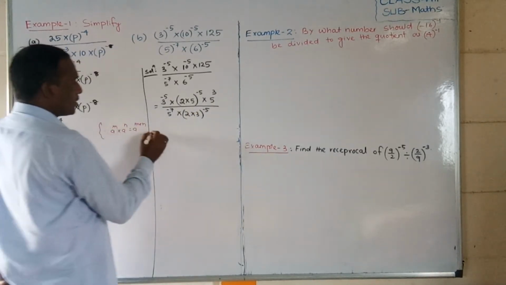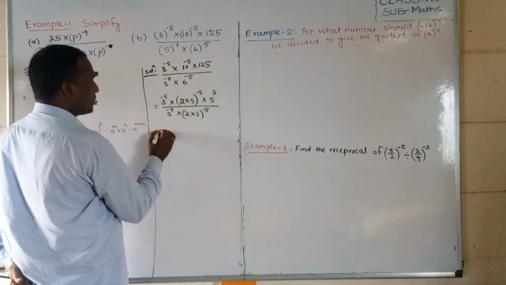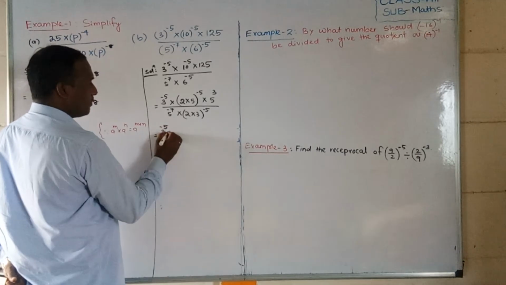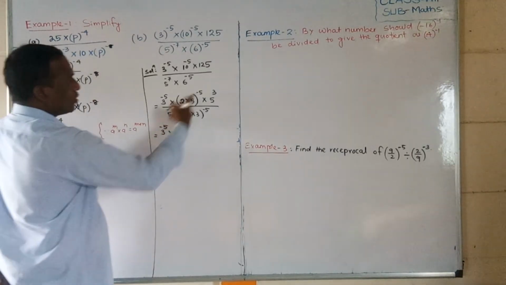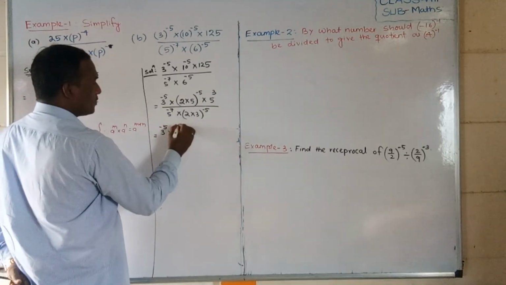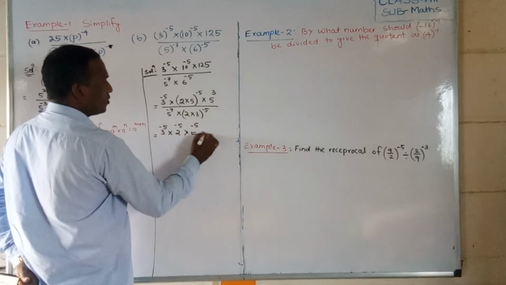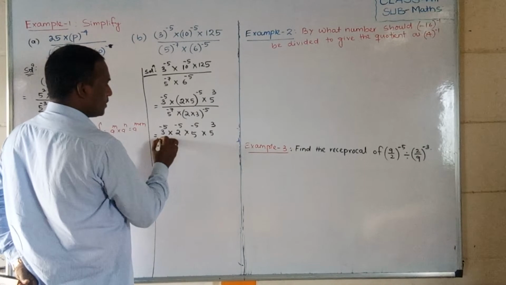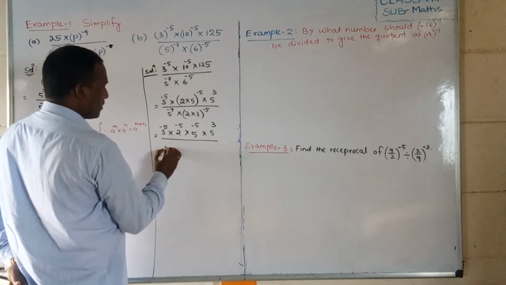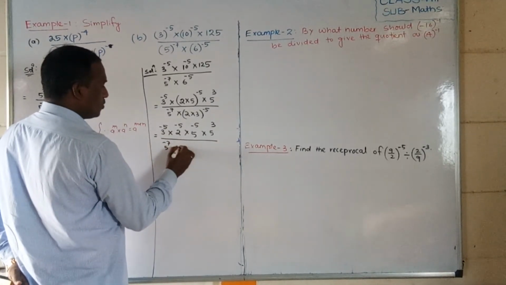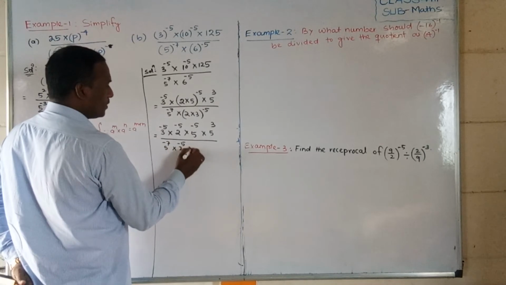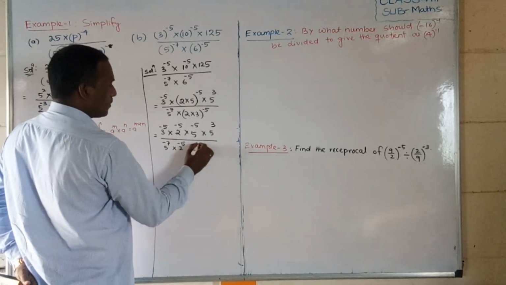Now we can open this: 3 to the power -5 into 2 to the power -5 into 5 to the power -5 into 5 to the power 3, divided by 5 to the power -7 into 2 to the power -5 into 3 to the power -5.